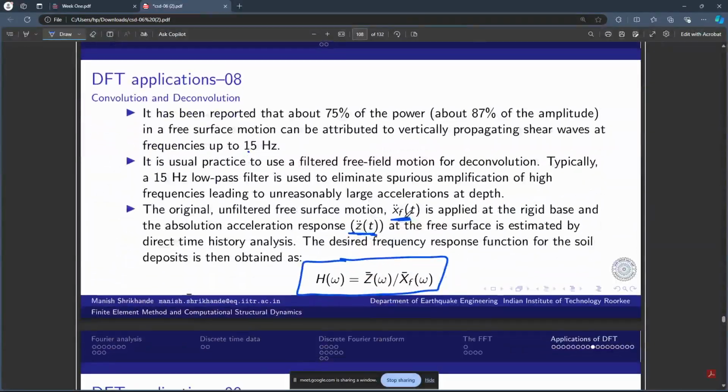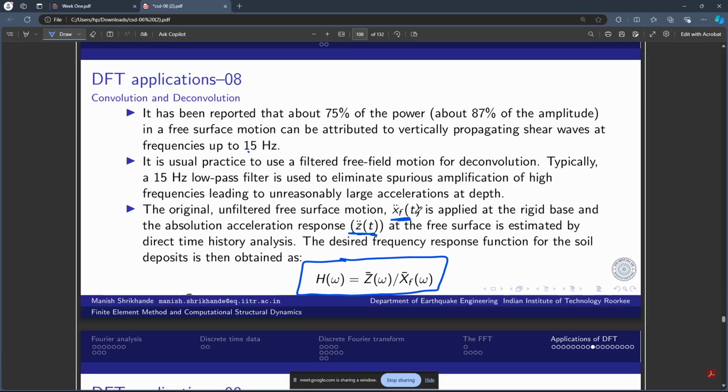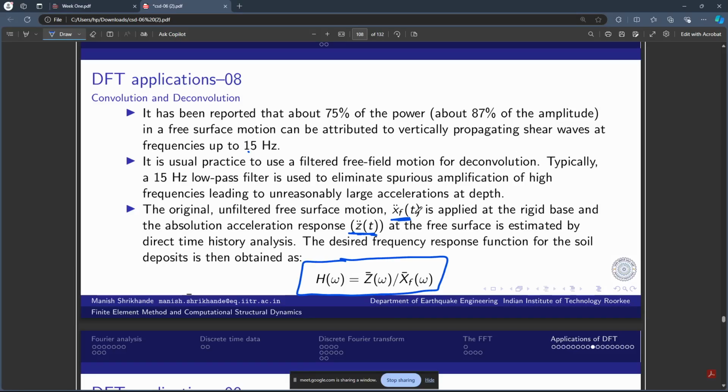Right now, the data which is available to us is in the time domain. Your acceleration data has time on one axis and the acceleration response on the other axis, right? To perform the deconvolution, you need to convert the data available to you into the frequency domain.